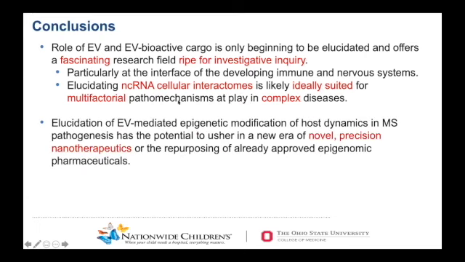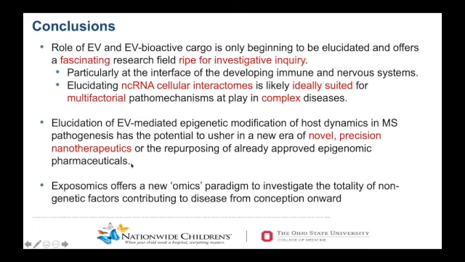And the elucidation of EV-mediated epigenetic modification of host dynamics in MS pathogenesis has the potential to usher in a new era of novel precision nanotherapeutics or the repurposing of already approved epigenomic pharmaceuticals. And exosomics offers a new omics paradigm to investigate the totality of non-genetic factors contributing to disease from conception onward.